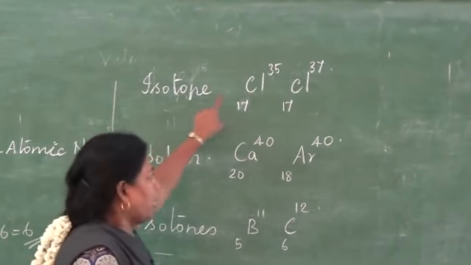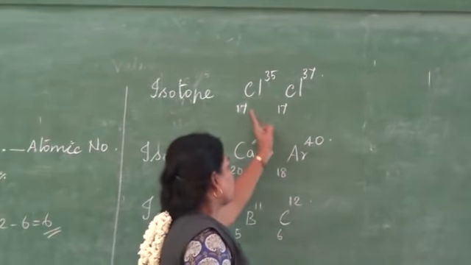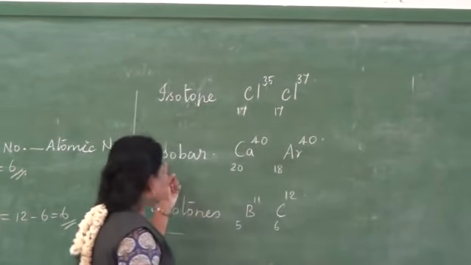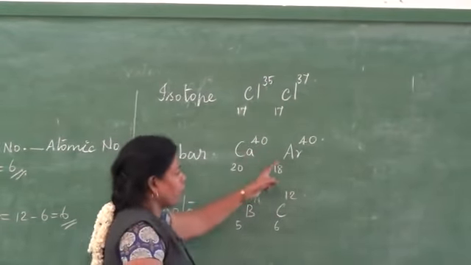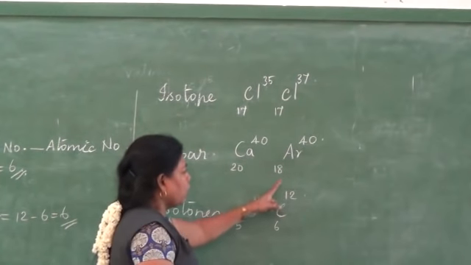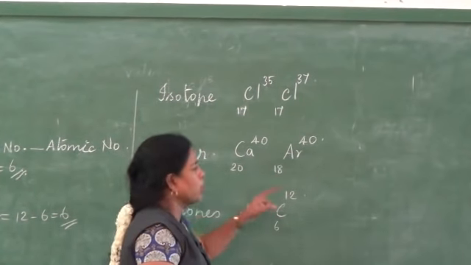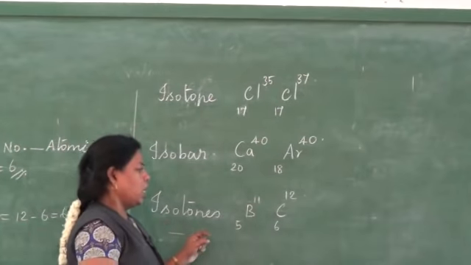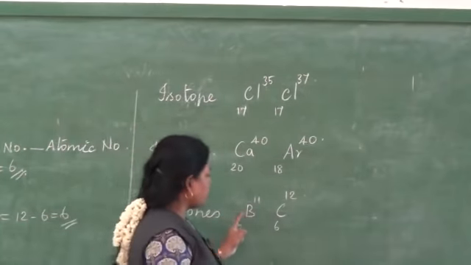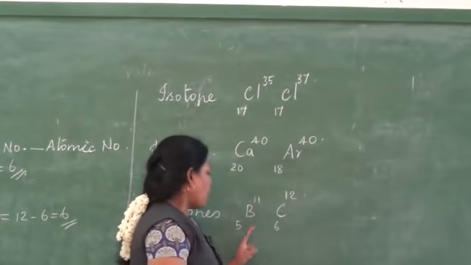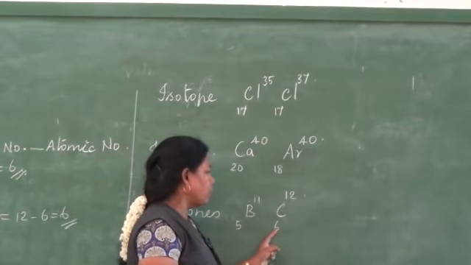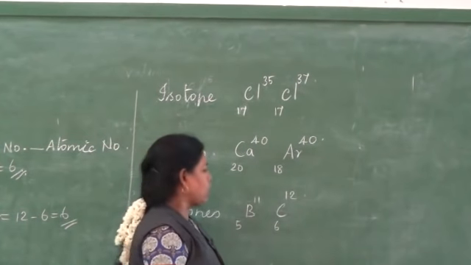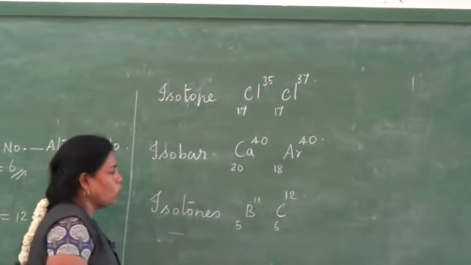What do isotopes mean? Atoms of the same element having the same atomic number but different mass numbers are called isotopes. What do isobars mean? Atoms of different elements having different atomic numbers but the same mass number are called isobars. And what do isotones mean? Isotones are atoms of different elements having different atomic numbers and different mass numbers, but the number of neutrons is the same. That is called isotones.